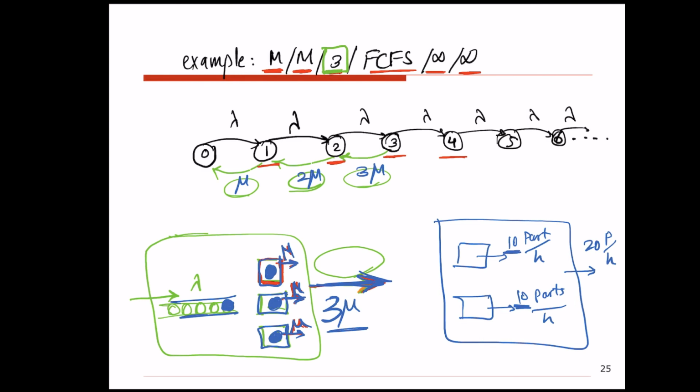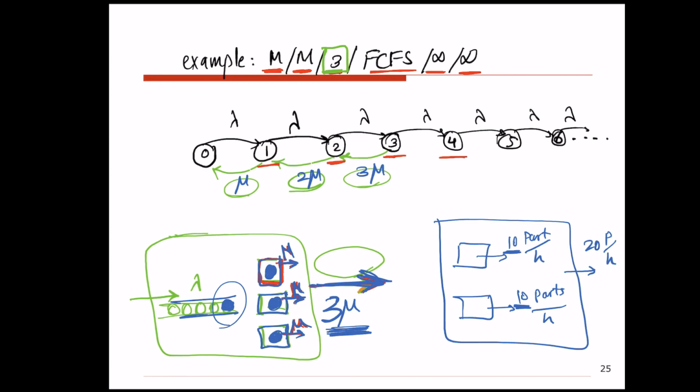So then what is the rate of departure from the system? Still, server 1 is busy with the rate of departure of mu, server 2 is busy with the rate of departure of mu, and server 3 is busy with the rate of departure of mu. So the rate of departure from the whole system is still 3 mu, because this person that is waiting in the line is not pushing for anything, they are just waiting in the line. So the rate of departure from the system is 3 mu.